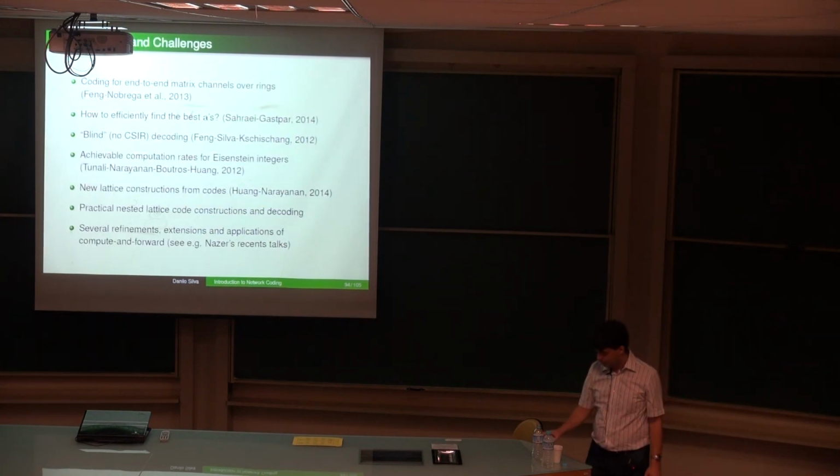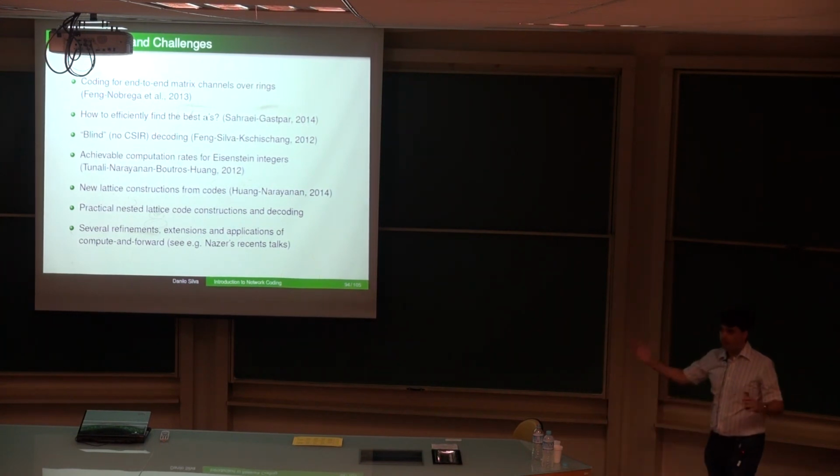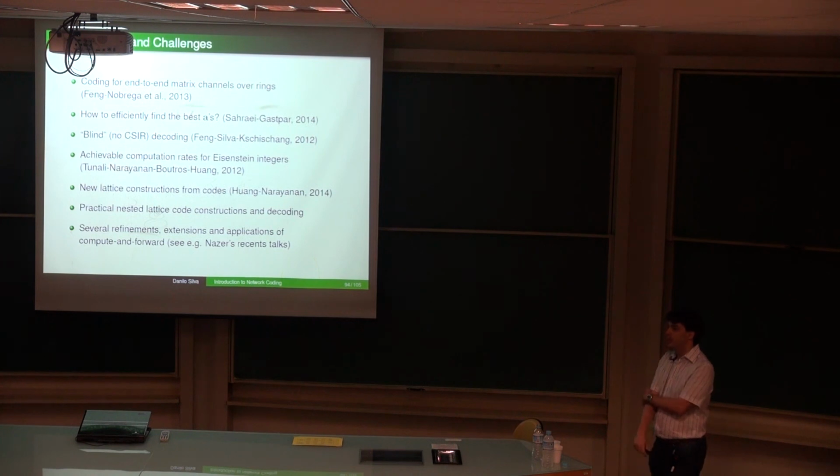So we have studied what kind of capacity you would have from a channel with a random matrix over some rings. And definitely there is some loss if you use P equal to two rather than a larger field.